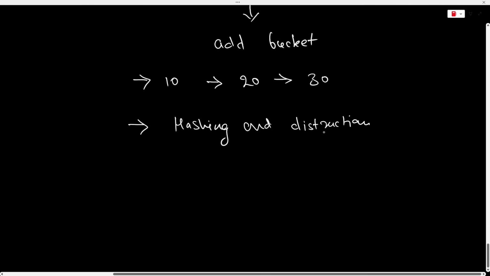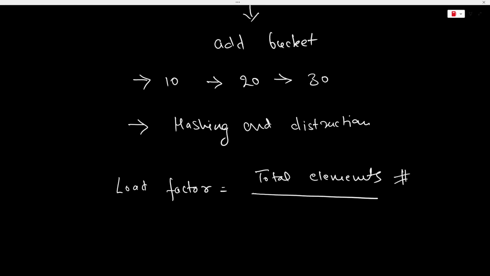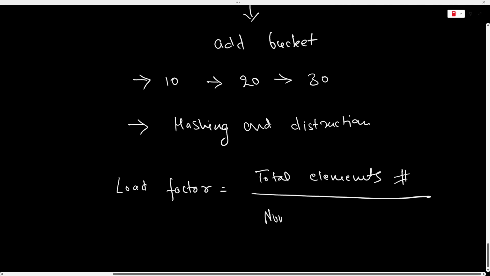And how does a hash table know that it has to rehash now? What is the indicator? For that we define a load factor, which is simple: total number of elements upon number of buckets.